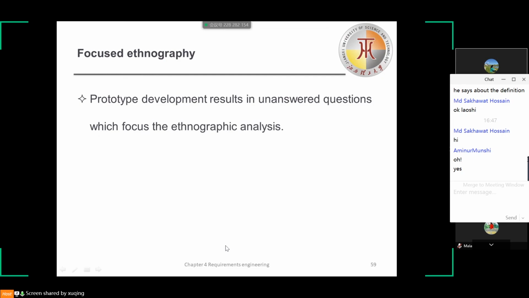We have talked about the reasons why eliciting and understanding requirements from system stakeholders is a difficult process. We have also talked about requirements discovery and different techniques of requirements discovery: interviewing, scenarios, use cases, and ethnography.